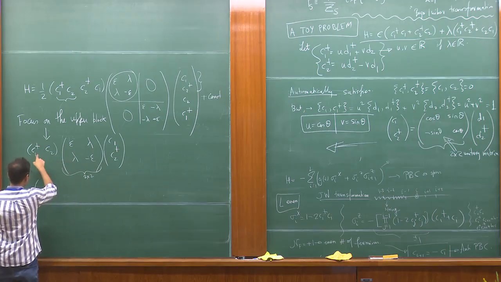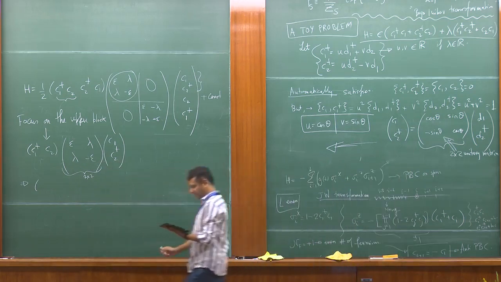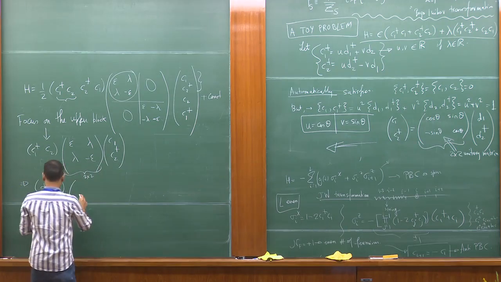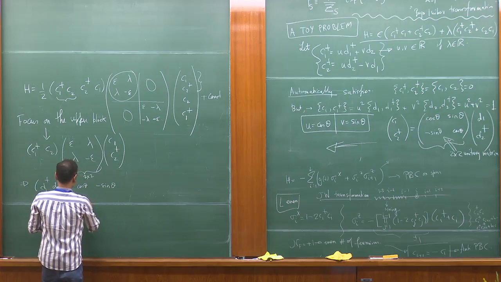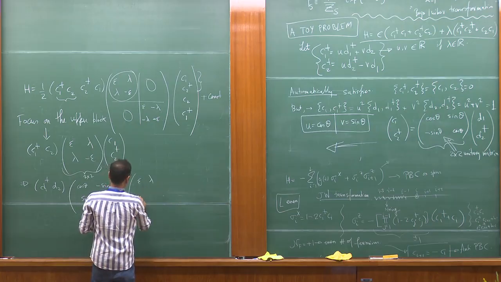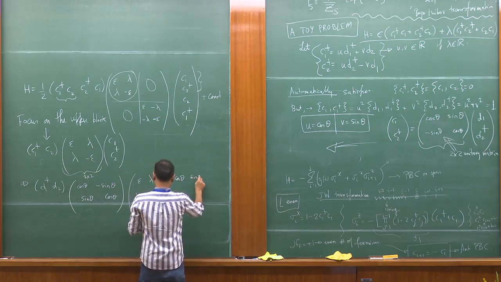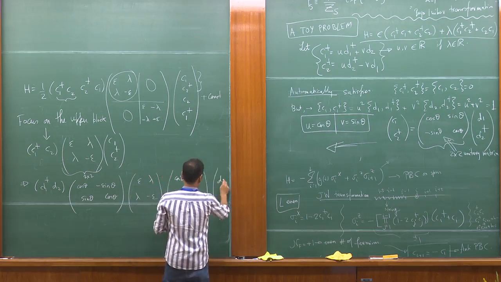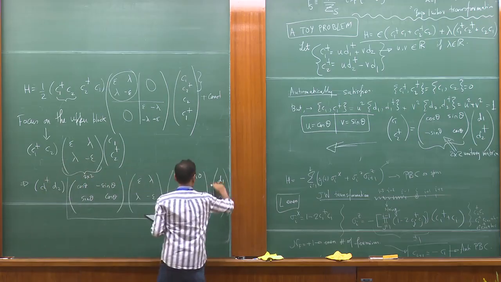So I change from C's to D's by inserting this transformation there. And when I do that, I get the following. So the aim is to make this diagonal.